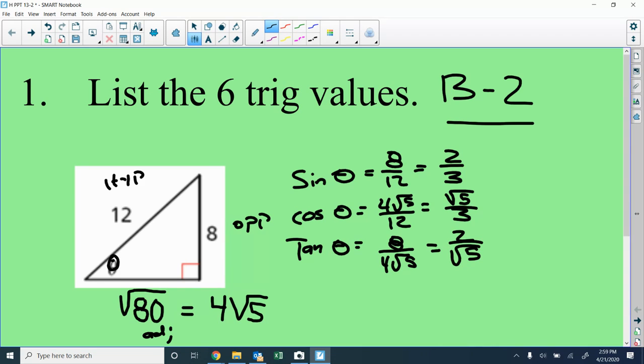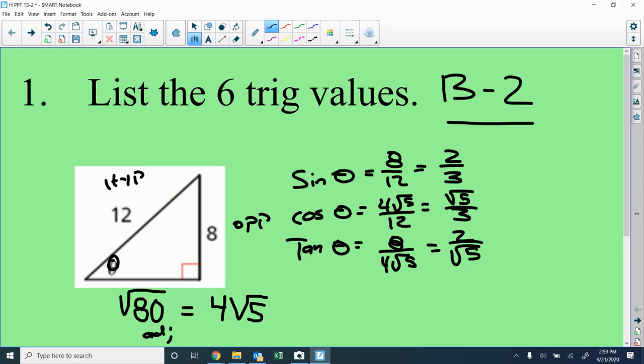So sine, opposite over my hypotenuse, which is 8 over 12, goes to 2 thirds. Cosine is my adjacent, 4 square roots of 5 over my hypotenuse of 12, which simplifies down to the square root of 5 over 3. And your tangent, which is your opposite over your adjacent, which would be 8.